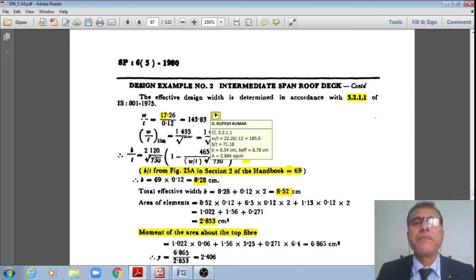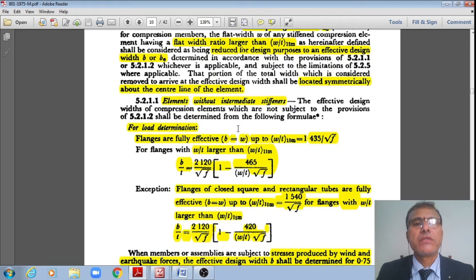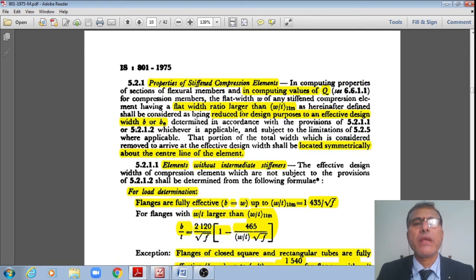Now I'll calculate the effective design width of that flange as per clause 5.2.1.1. Let me revisit 5.2.1.1, which is for load determination elements. I am there in IS 801, 1975, student.